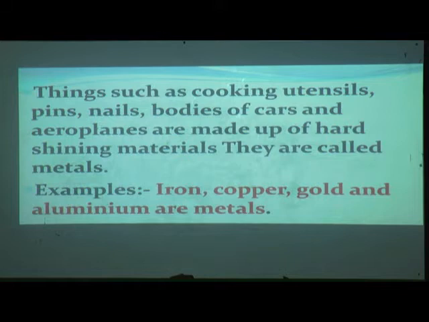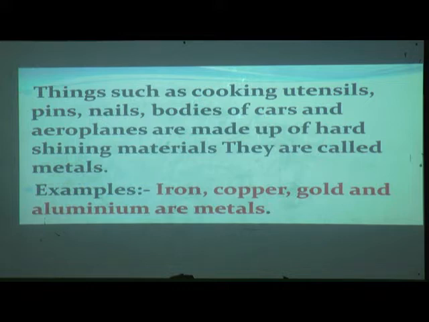At home, mother is cooking, we see utensils, pins, nails, the upper part of cars, and aeroplanes. How are all these made? Using metals, which are very hard, shining materials.